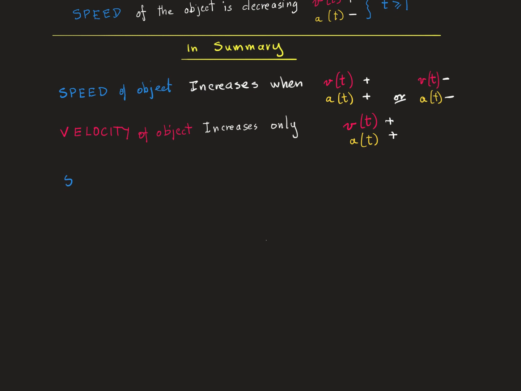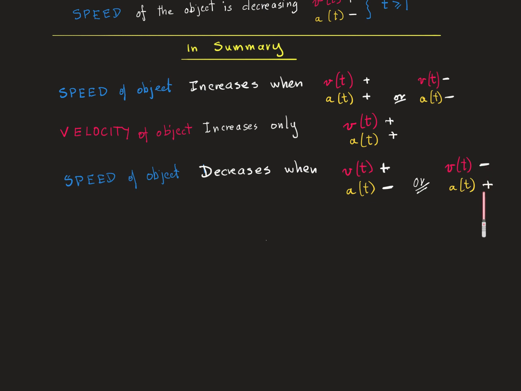And the speed of the object decreases when the velocity is positive and acceleration is negative, or if the velocity is negative and the acceleration is positive. So this leaves us with the velocity of an object decreasing only when the velocity function is negative and the acceleration function is also negative.